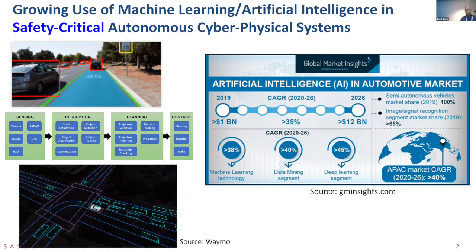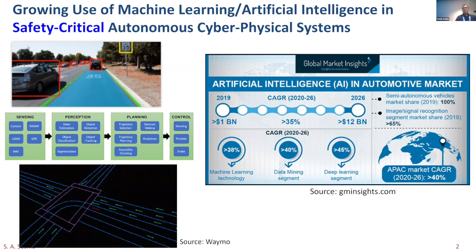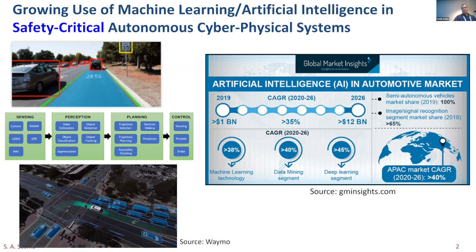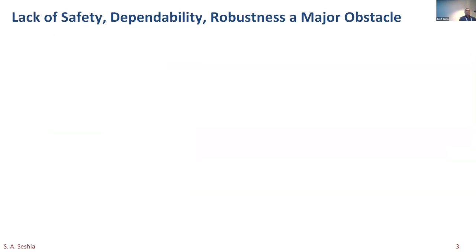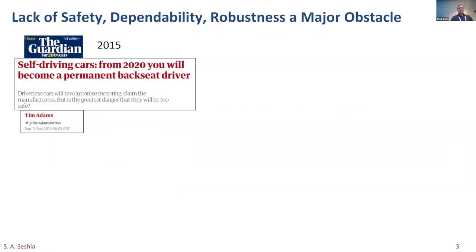And you'll see many more examples in this tutorial. Over the last many years, we've only seen this use of machine learning and AI in these contexts grow. At the same time, I think we're all well aware that a major obstacle to the broader adoption of this class of systems has been a general lack of safety, dependability, and robustness. Those of us who were following the news 10, 15 years ago will remember the rosy predictions that self-driving cars would be widespread on the roads by 2020.